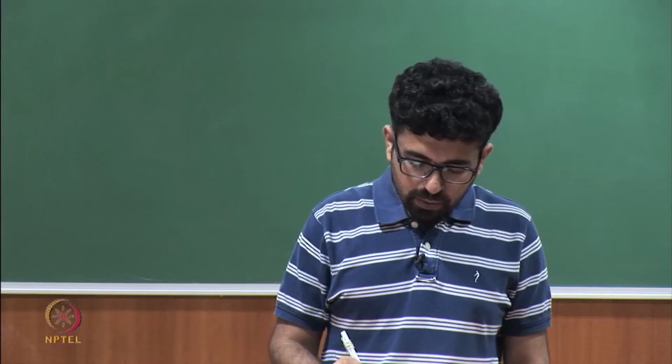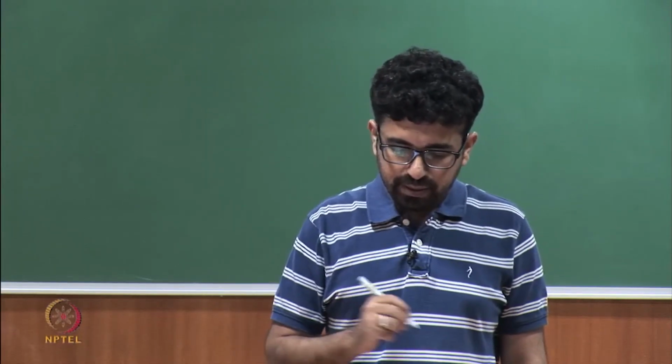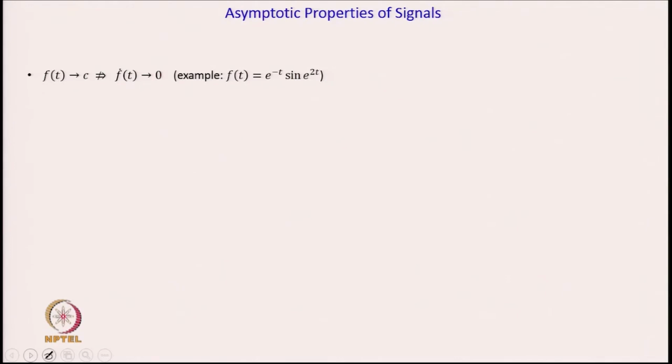The other concept I wanted to talk about was asymptotic properties of signals. There are certain misconceptions about the asymptotic properties of signals. The first one is that if a function f converges to a constant c, that does not imply that its derivative converges to 0.